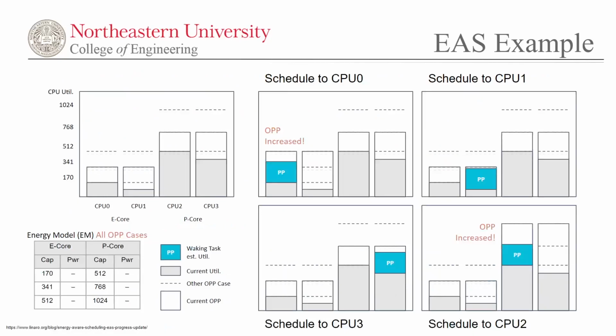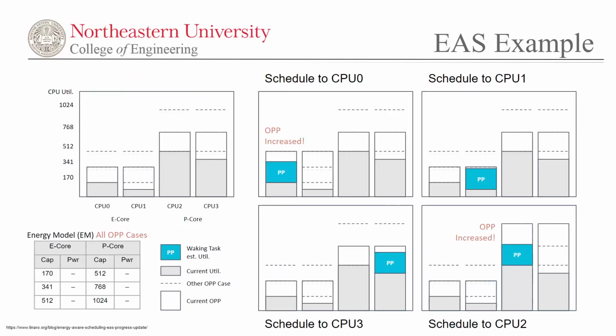The energy model, which represents all the OPP cases, is listed here. The table has E cores with capacities of 170, 341, 512, and P cores with capacities of 512, 768, and 1024. So we distributed the PP function into different cores.